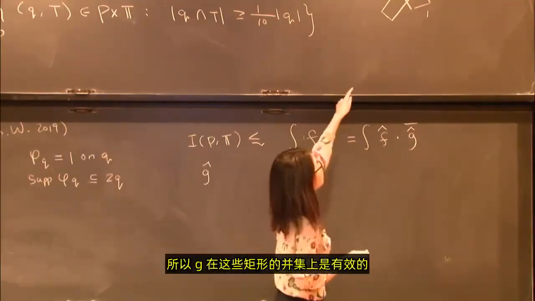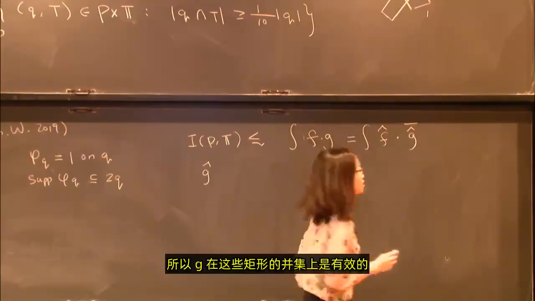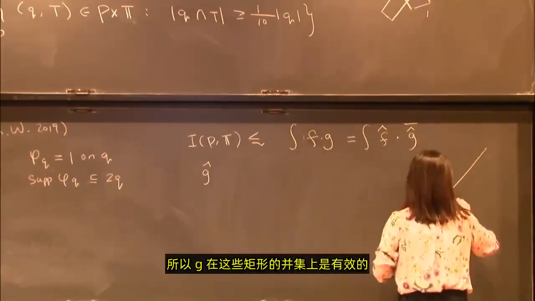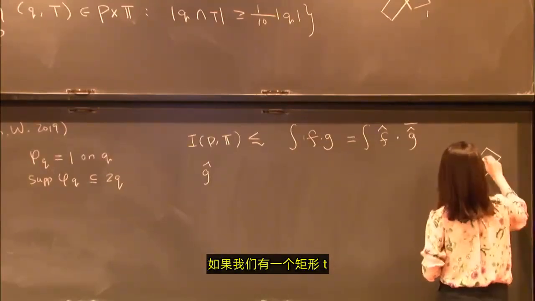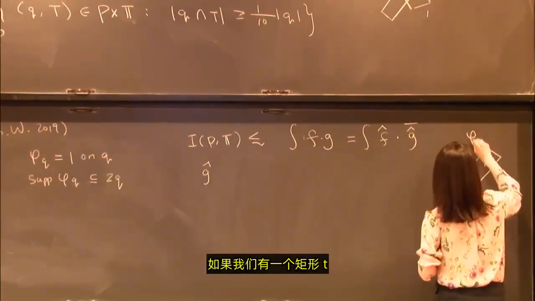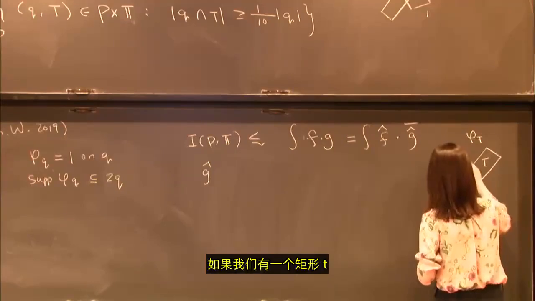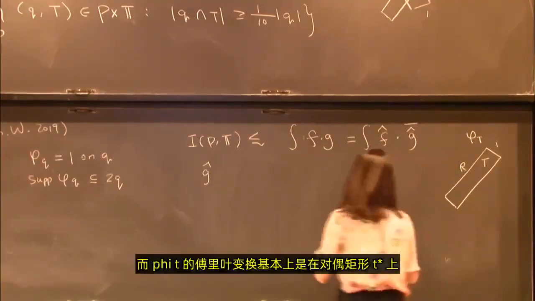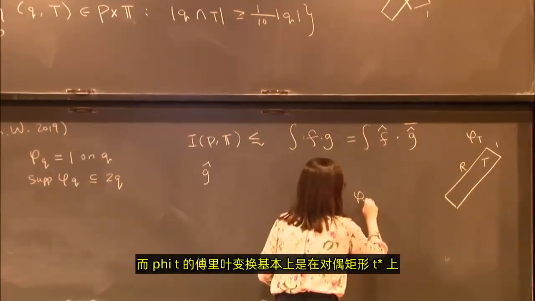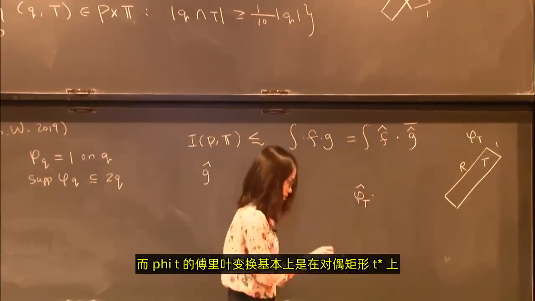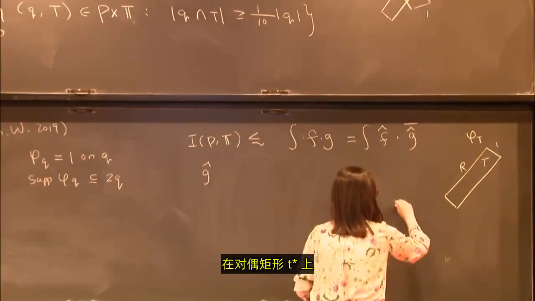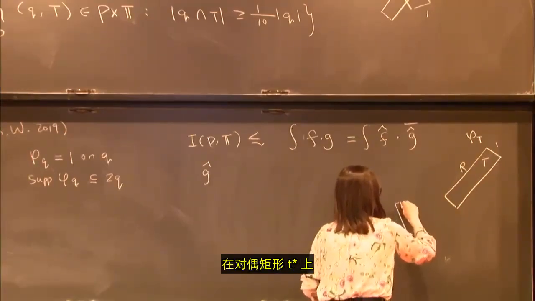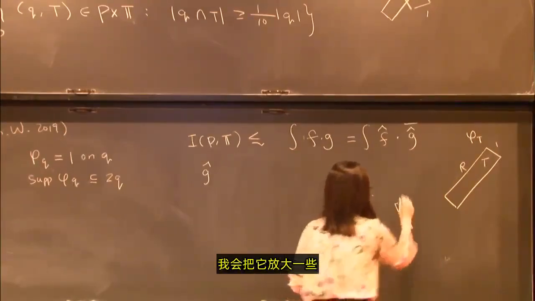So g is supported on the union of those rectangles. If we have a rectangle T, the Fourier transform of phi t is essentially supported on a dual rectangle T star.